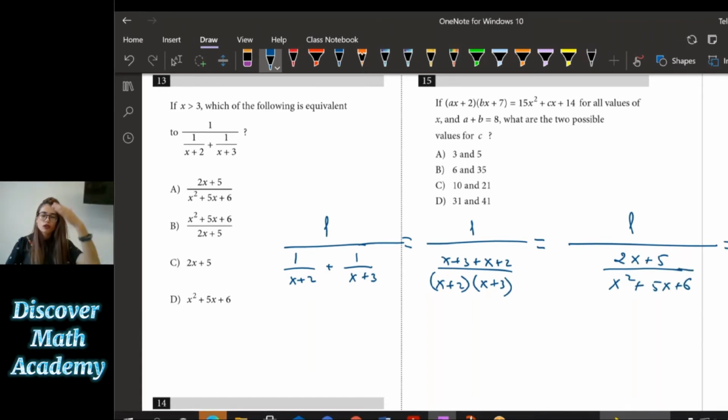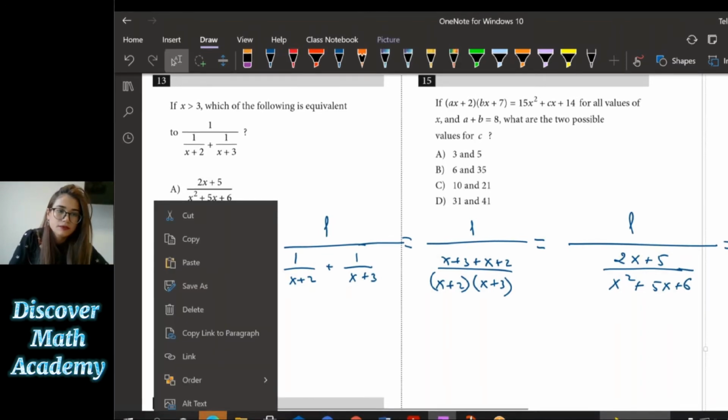So 1 out of this one means that I have to change denominator and numerator place. x squared plus 5x plus 6 out of 2x plus 5. Okay, the answer is B.